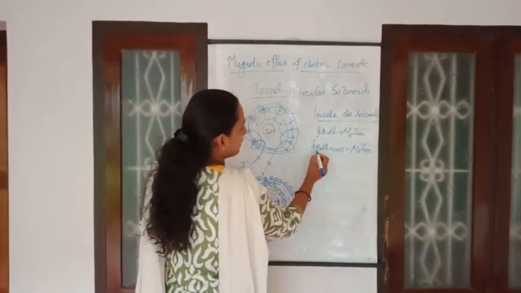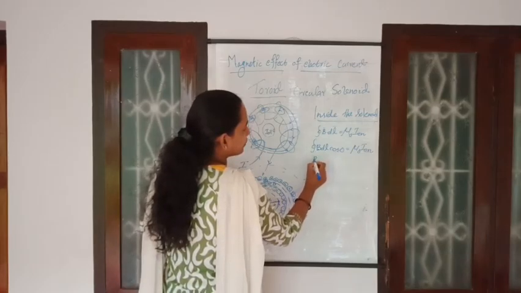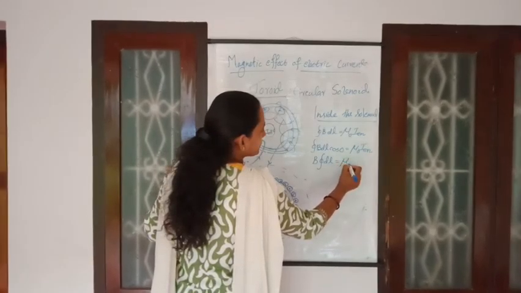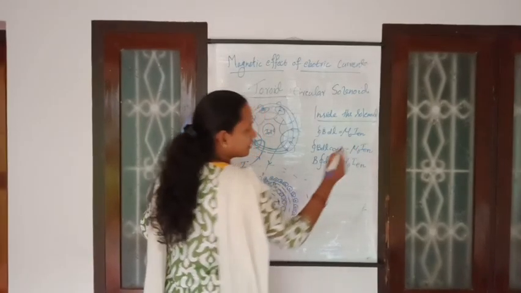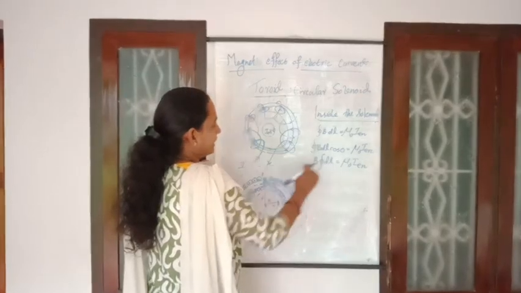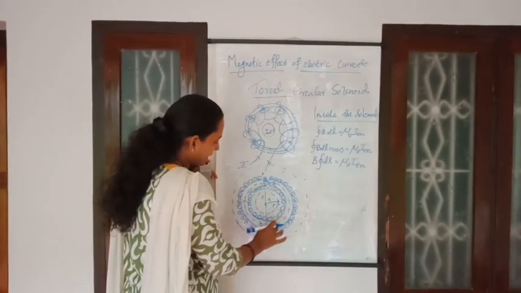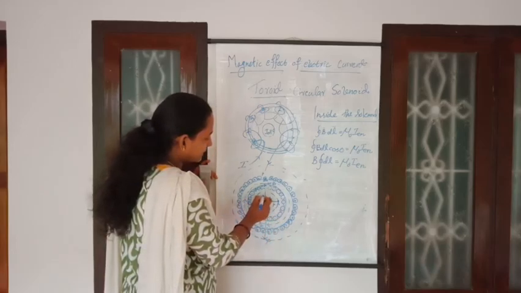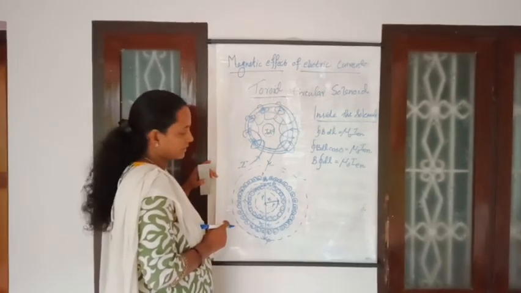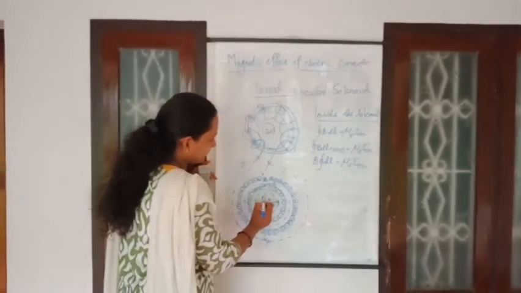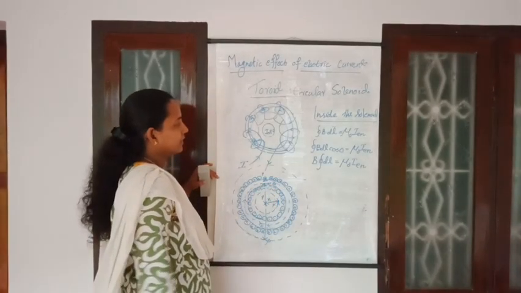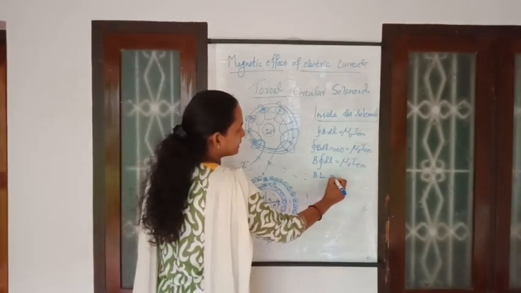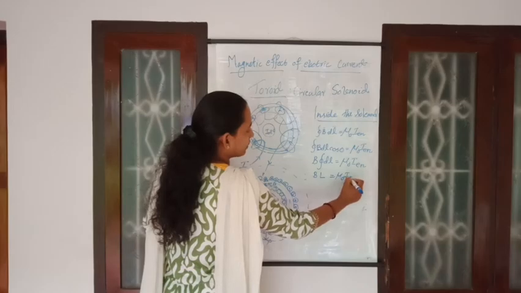Cos 0 is 1, and we want to find the value of B. Therefore, take B outside: B closed integral dl is equal to mu 0 times I enclosed. But what is this dl? dl is actually the integral over this Amperian loop. The Amperian loop is in the form of a circle with radius r itself. This is r1 and this is r. So B closed integral dl means L, that is equal to mu 0 times I enclosed.